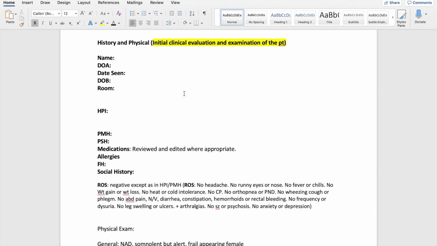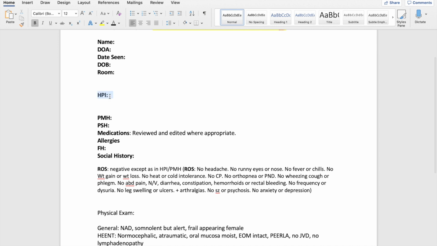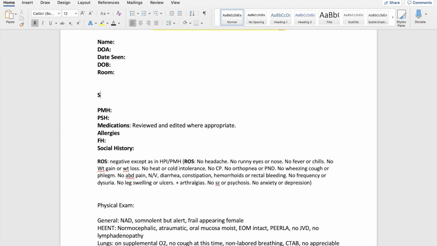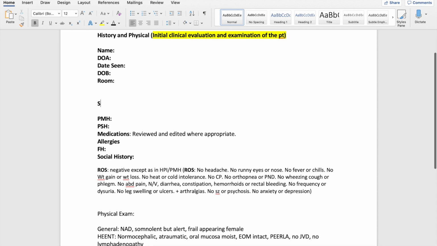So your history and physical is going to contain what's called an HPI, and the HPI is history of presenting illness. Now once you see the patient again, you would not put HPI there, you would put S for subjective data, because it is not the initial time that you're seeing the patient.